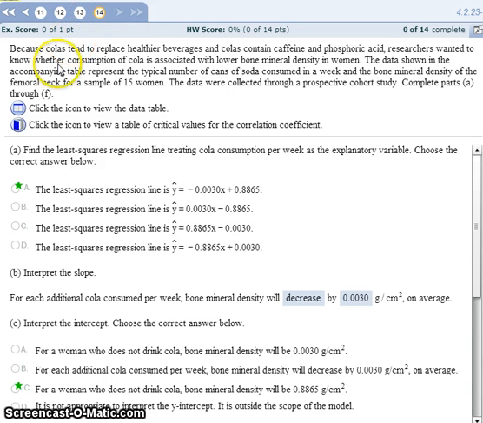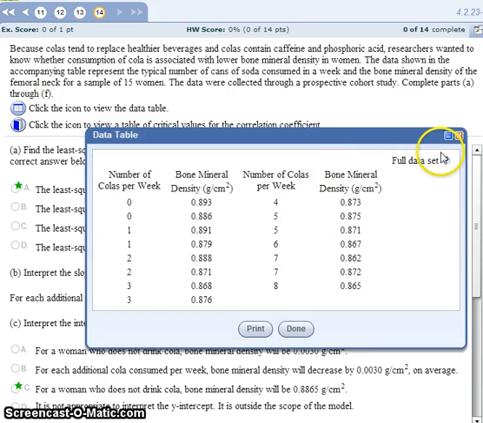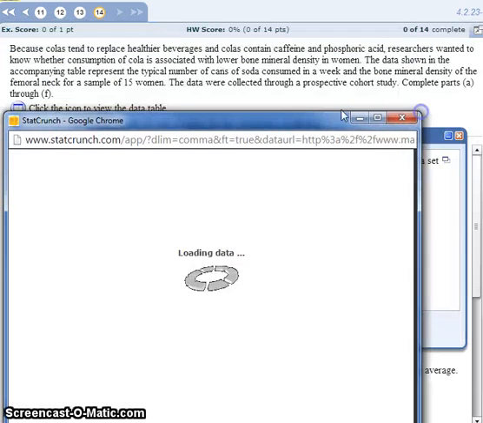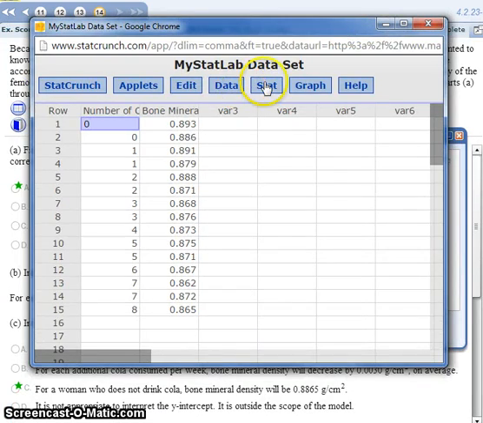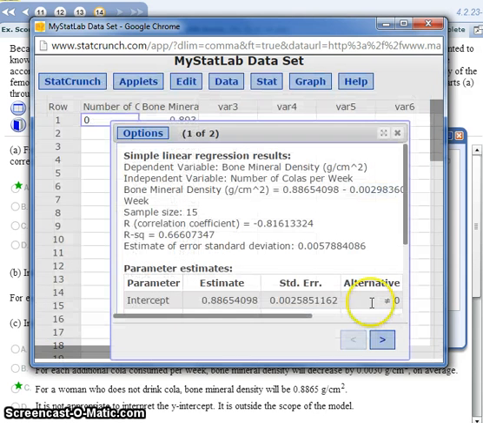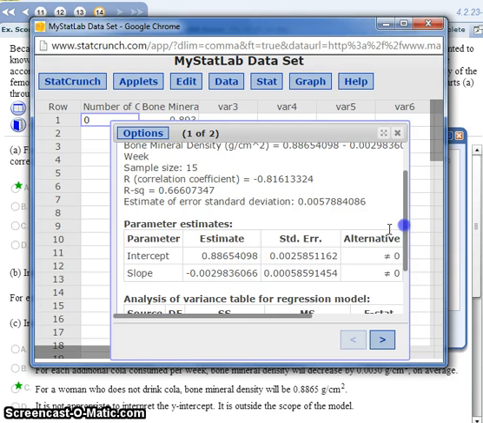Number 14, we're trying to see if there's a correlation between the number of colas consumed in a week and the bone density. So open it in StatCrunch. We're going to see if the number of colas in a week affects bone mineral density. To find the equation, we have our slope and our y-intercept.